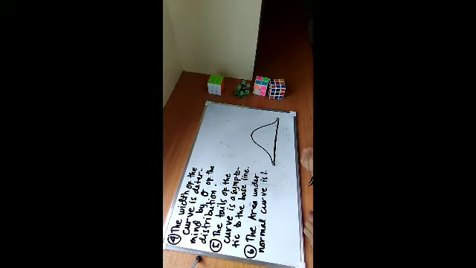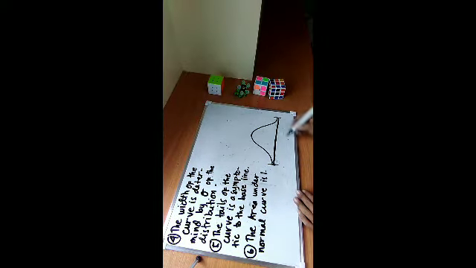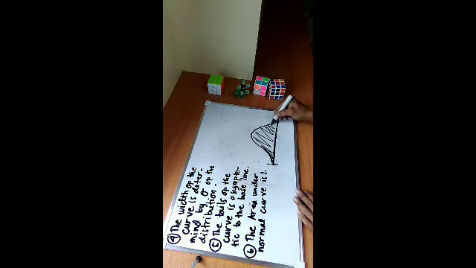Alright? Now the last one. The total area under the normal curve is 1 unit. This is equal to 1 unit.